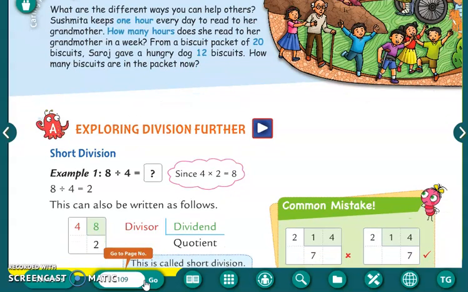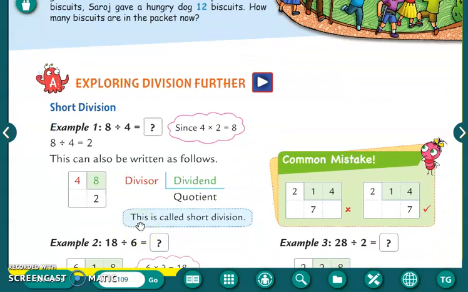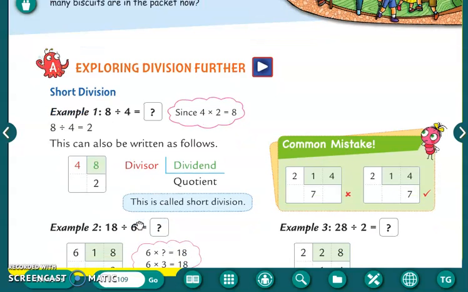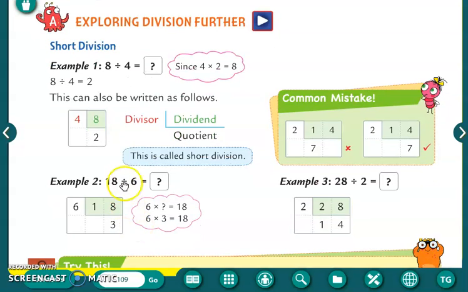First of all, we will see exploring division further. Here the method is given for short division that we were doing in chapter number 5. One example is given. 8 divided by 4 is equal to how much? So, all of you know that in the table of 4, 4 twos are 8.